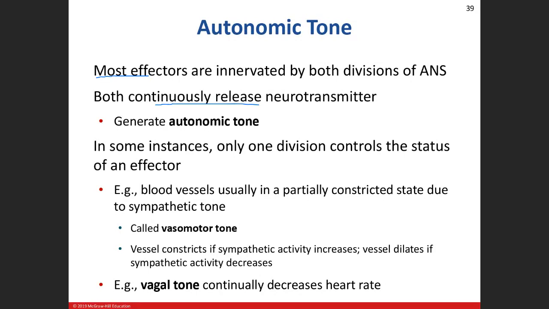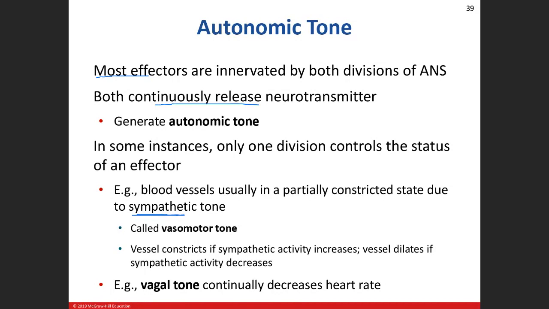So when only one division is innervating, for example our blood vessels, they're innervated solely by the sympathetic nervous system, and we call it vasomotor tone.